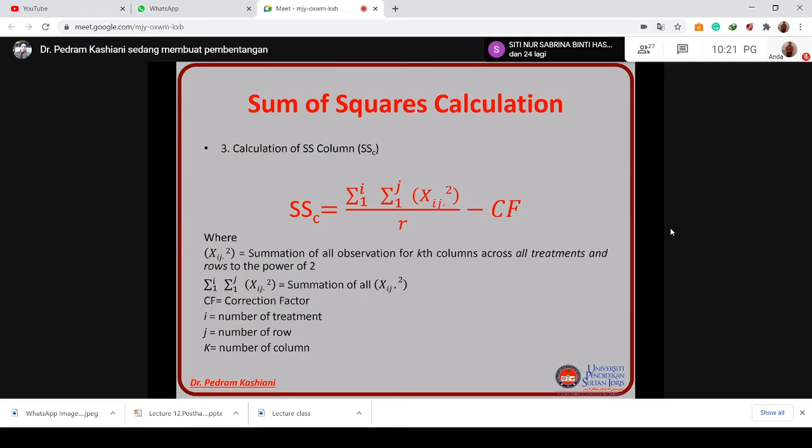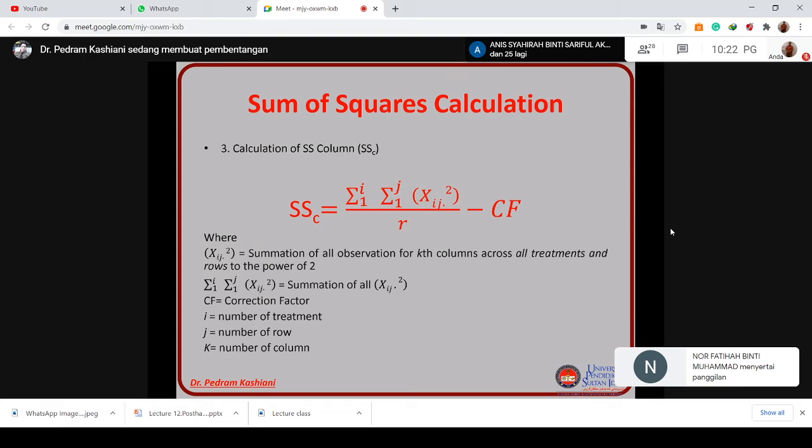What about the SSC? For the column, same story. This time I get the total of each column. Column 1 total to the power of 2. Column 2 total to the power of 2, until the last column.